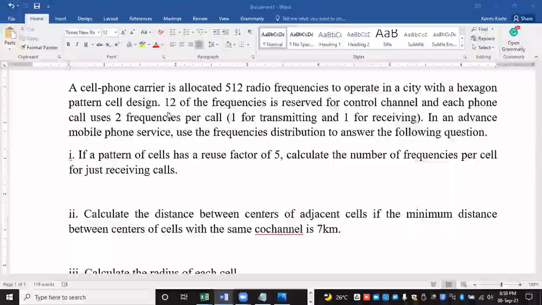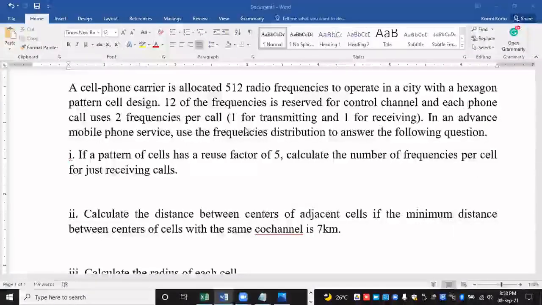Within that 512 frequencies, 12 are reserved for control channels, to make sure we have better control of the channels, for management, handling of errors, accounting purposes and whatever. So that's the 12 frequencies.